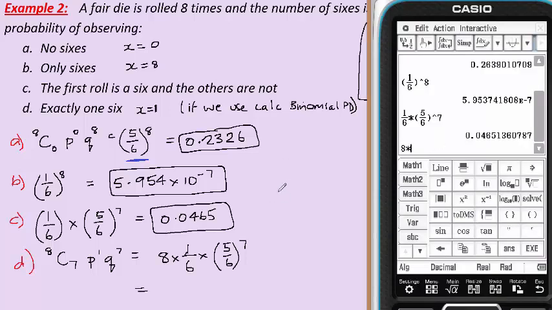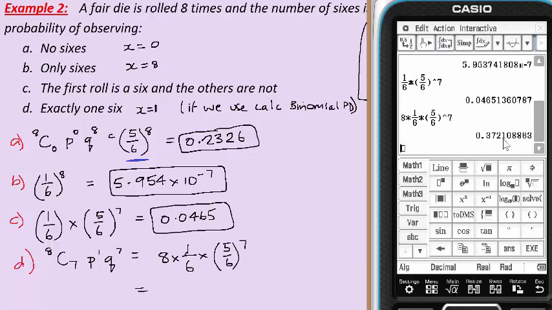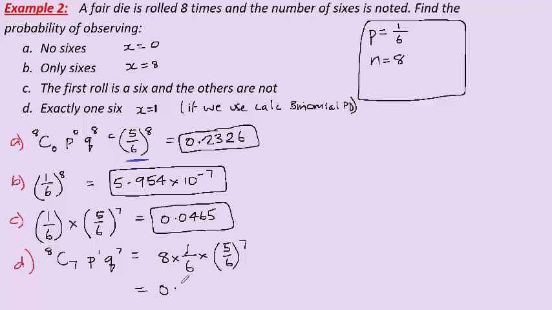It's actually the same as the answer before, times 8. But we'll do it, and we get 0.3721. And there are all my answers, all done in a tech-free mindset, but using the calculator where we needed to.